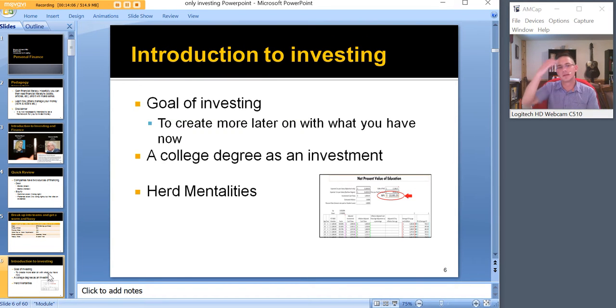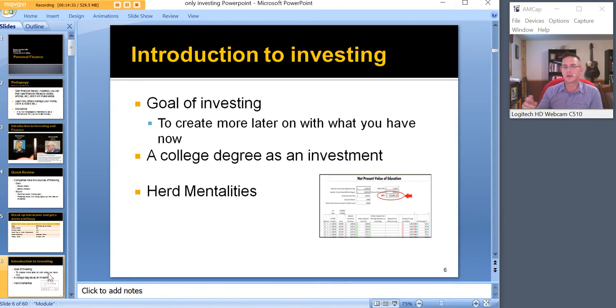And that gets us into this introduction to investing. Now, the goal of investing is to always create more later on with what you have now. Earlier in the semester, we talked about using a college degree as an investment. We did a little bit of math to figure out that the price we pay for tuition would be called the price, or initial outlay, or initial investment.